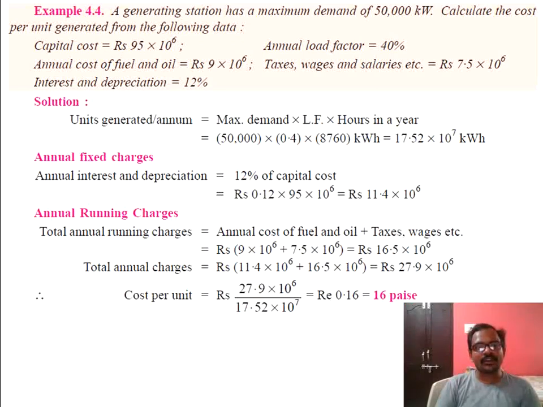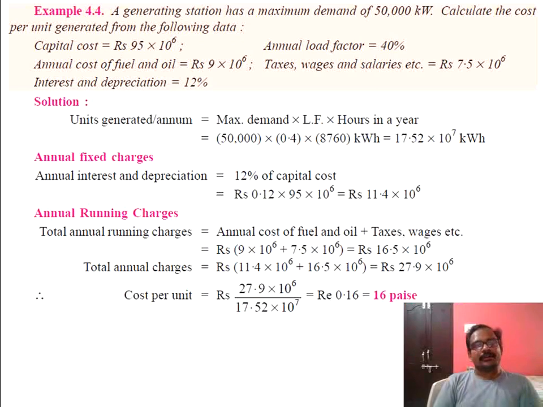Annual cost of fuel and oil is 9 into 10 to the power of 6, that is 90 lakhs. Then taxes, wages and salaries etc. will be 7.5 into 10 to the power of 6. Interest and depreciation is 12%. Interest is 12% and depreciation is also, both combined, 12%.